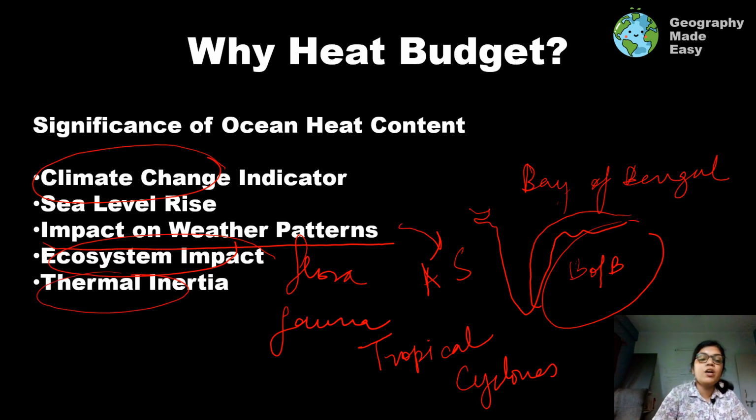Thermal inertia means how the movement of the sea or ocean is affected. In the long term and the larger picture, even this will have a huge impact on climate change. So climate change is something which we can link with this heat budget.